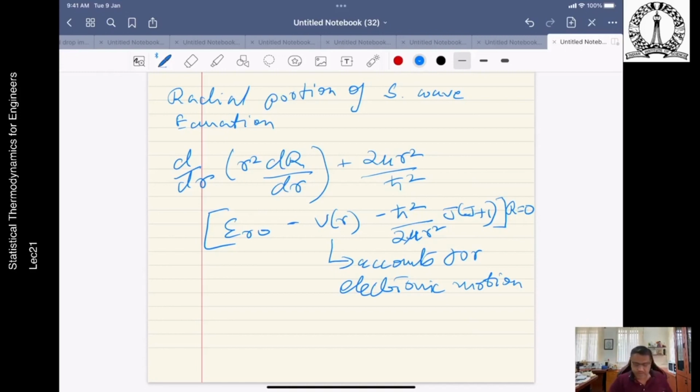Further, E rotation-vibration is written as E rotational plus E vibrational.